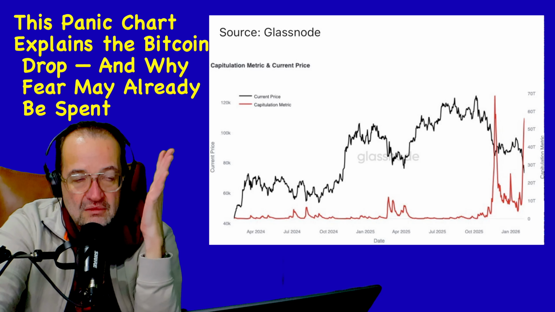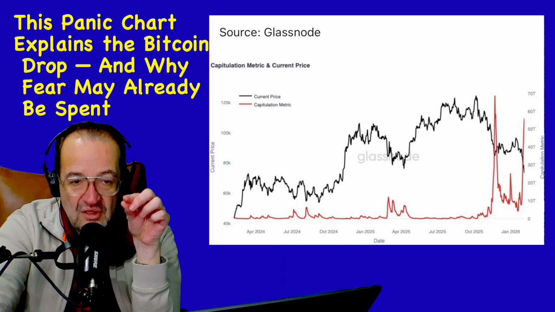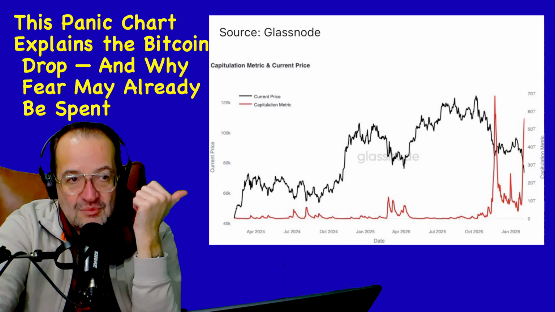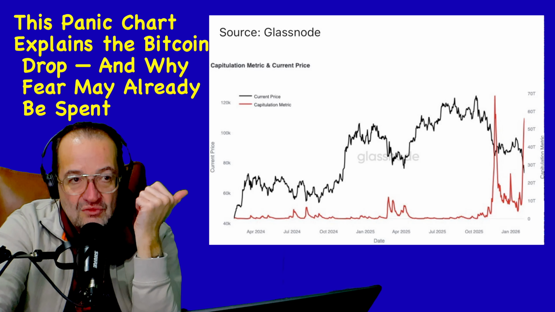Now watch how the chart behaves over time. This is about Bitcoin. When the red line is low and flat, people are not panicking, obviously. Selling is mostly voluntary. Market is stable even if prices move. As you could see, they went up, they went down, they went up. Step 2, sudden spikes. When the red line shoots up, fear explodes, forced selling happens, and the weak exit fast.